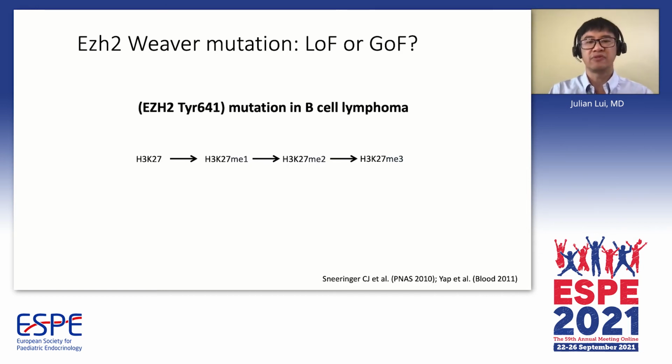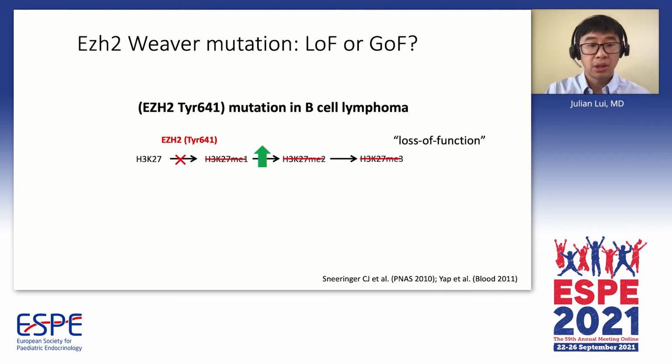In some other systems, for example B-cell lymphoma that also involves EZH2 mutation, the people who study B-cell lymphoma found that the EZH2 mutation abolishes the first step in this reaction, the monomethylation step, but it actually has enhanced activity in the second step, the dimethylation step.